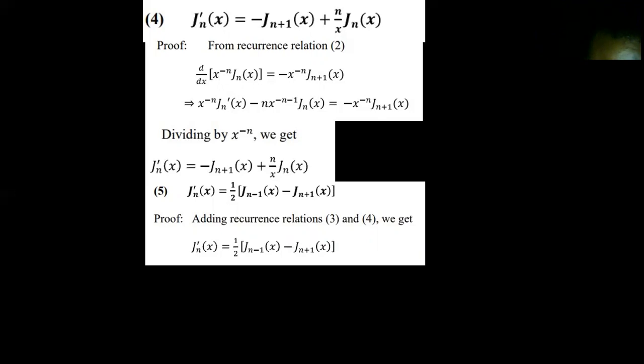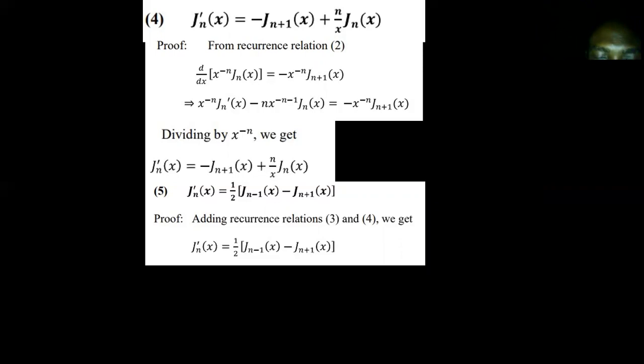Now, we want to show that Bessel function of n prime is equal to 1 over 2 into Bessel function of n minus 1 minus Bessel function of n plus 1. If we combine recursive relations 3 and 4, relation 3 is Bessel function of n prime equals Bessel function of n minus 1 minus n over x Bessel function of n.